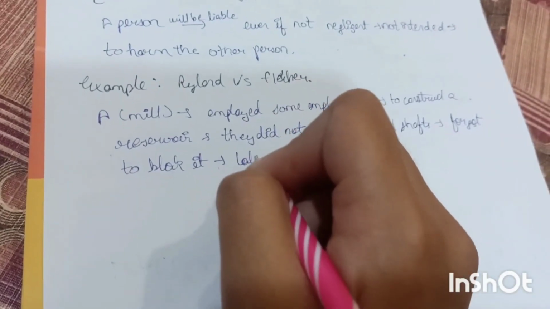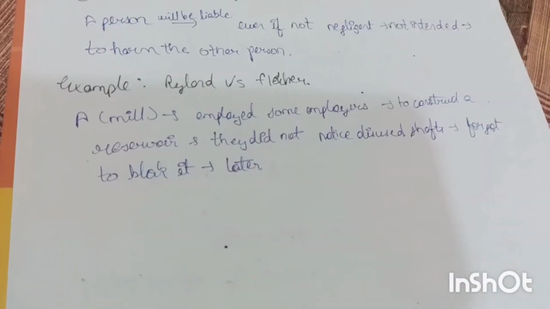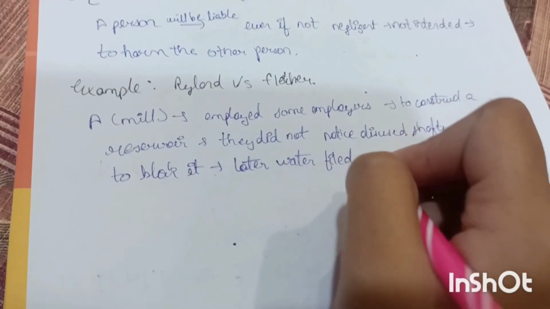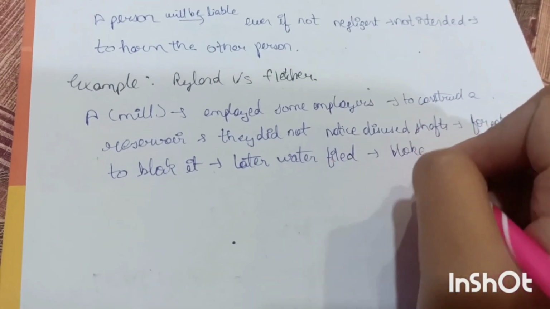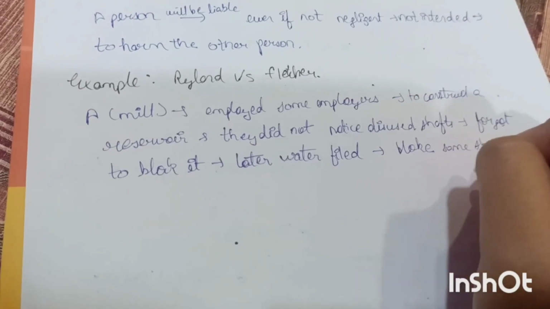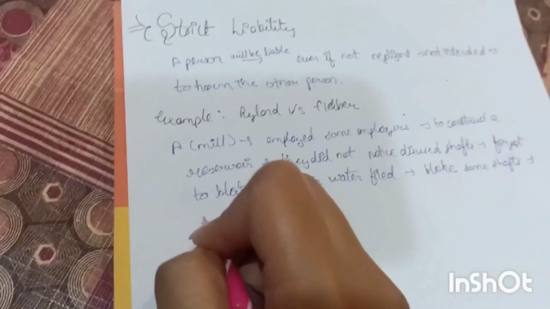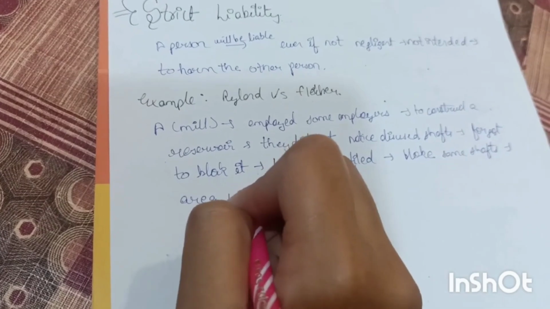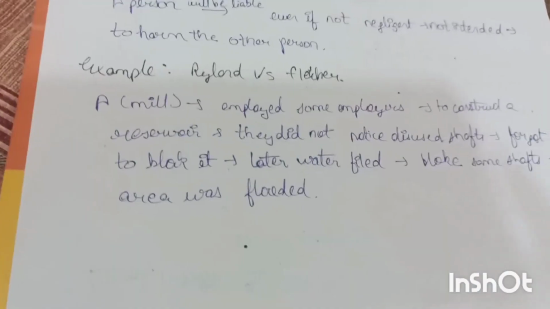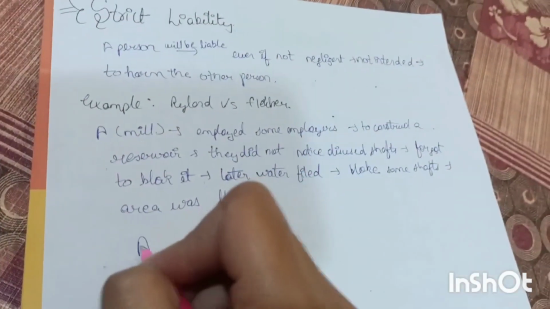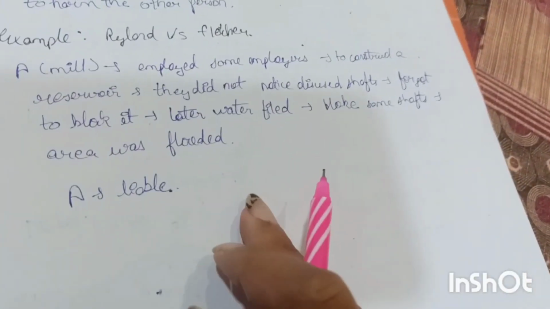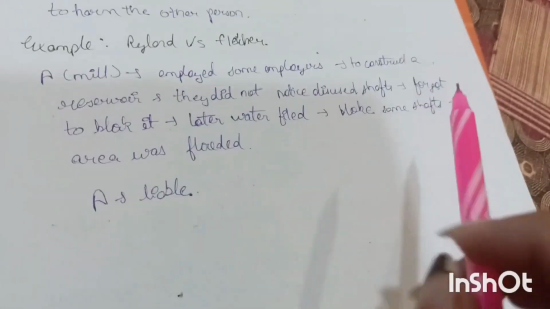Later water was filled and broke through some shafts and the area was flooded. In this case A will be liable even if he was not negligent and did not intend to hurt anybody.